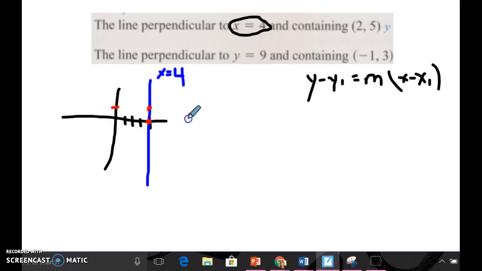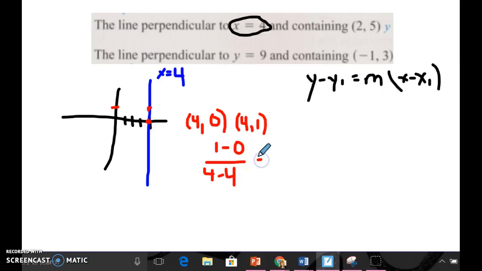If I were to calculate the slope, guess what's going to happen? The x is always going to be 4. So when I do y2 minus y1 over x2 minus x1, I'm always going to end up with 4 minus 4 on the bottom. So my slope is always going to be undefined. Whenever you have 0 in the denominator, it's an undefined slope.